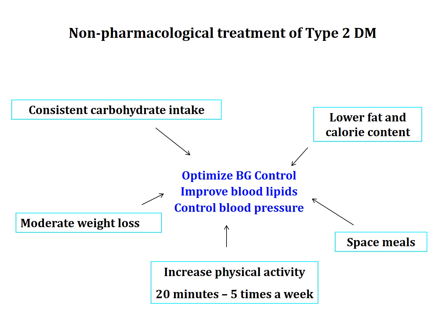Another good goal would be 20 minutes of good aerobic activity, and walking is considered to be good aerobic activity. 20 minutes of walking 5 times a week. So spacing your meals, consistent carbohydrate intake, lowering fat and calorie intake, 5 to 7% of weight loss, and increasing physical activity.